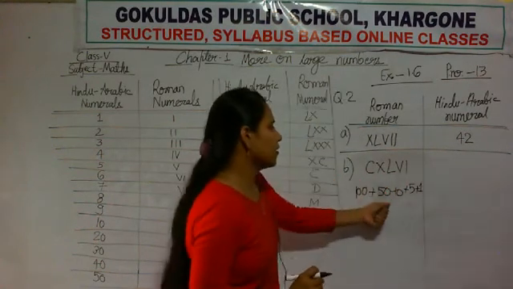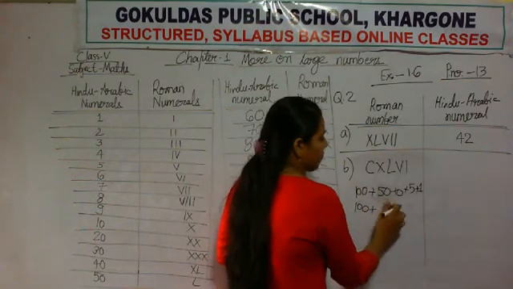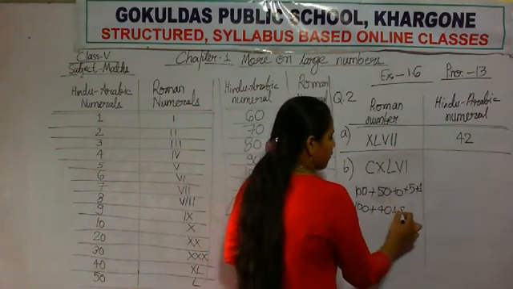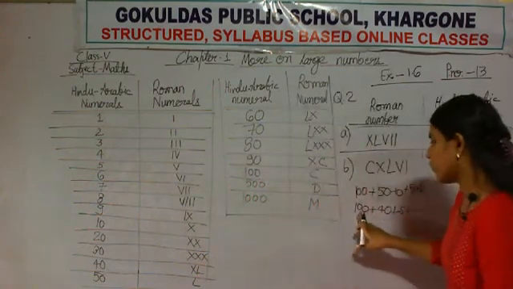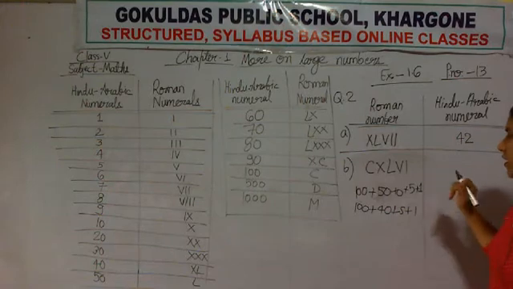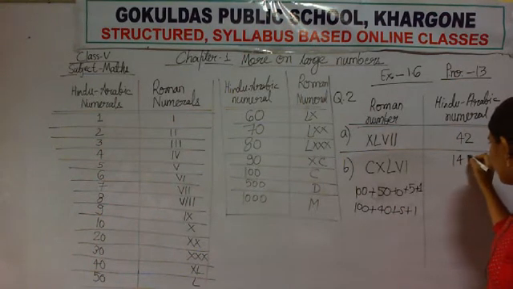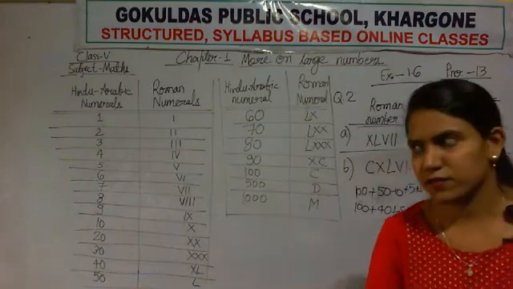Now, 50 minus 10 is 40, plus 5 plus 1. Now add 100 plus 40 plus 5 plus 1. It will give you 146.